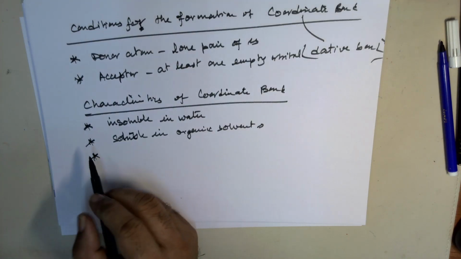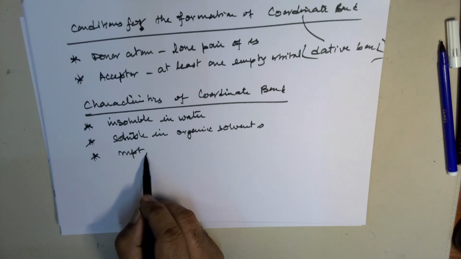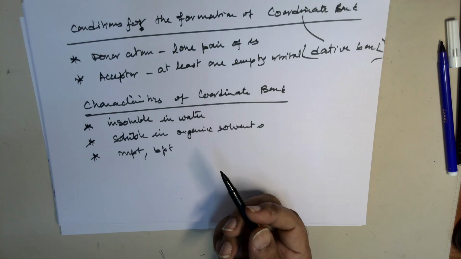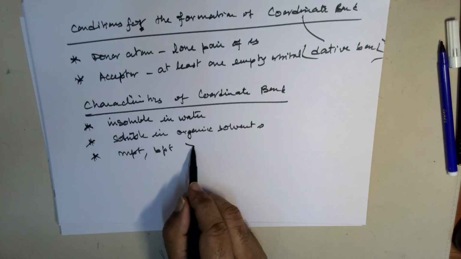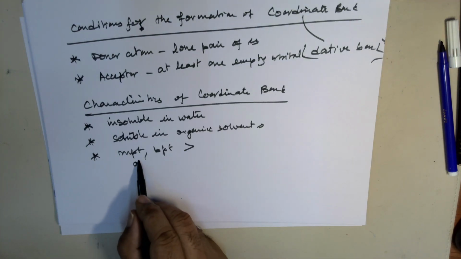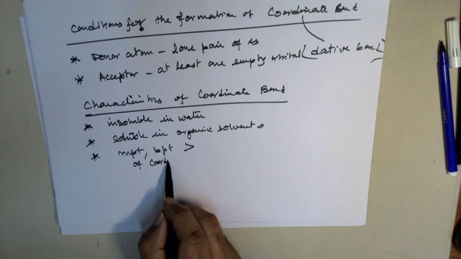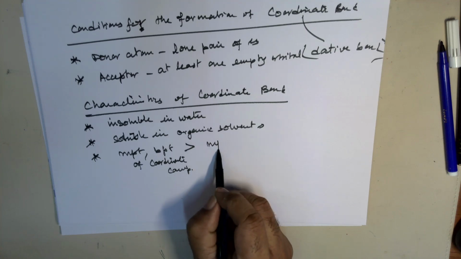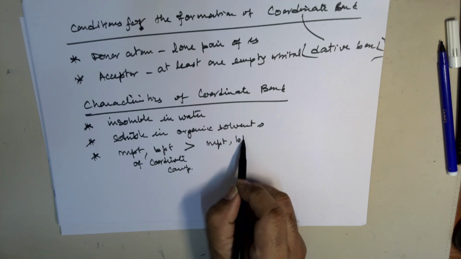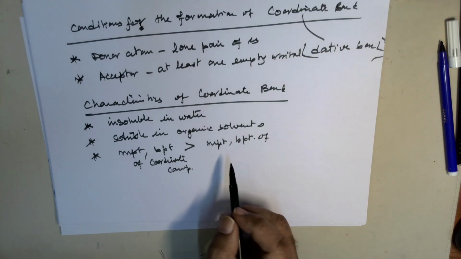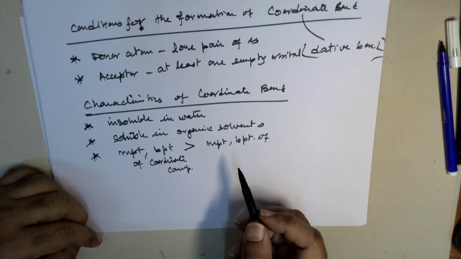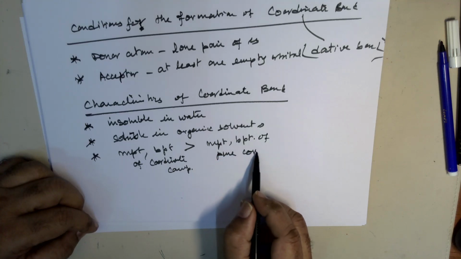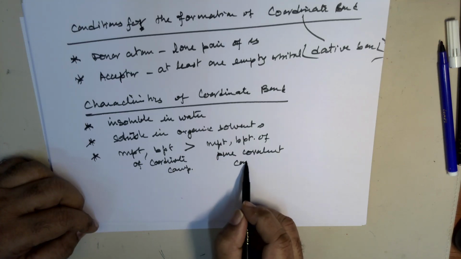Next, the melting point and the boiling point of these coordinate compounds are usually higher than that of the melting point and the boiling point of the respective pure covalent compounds.